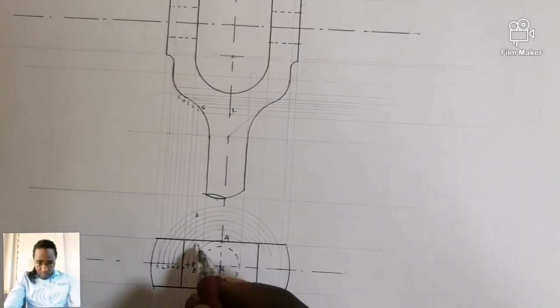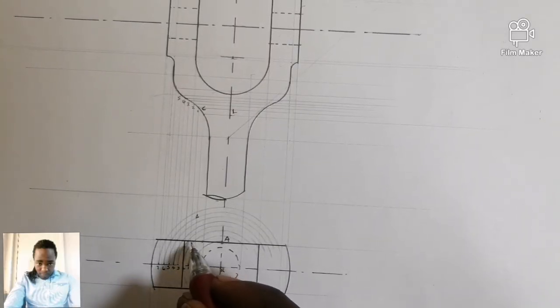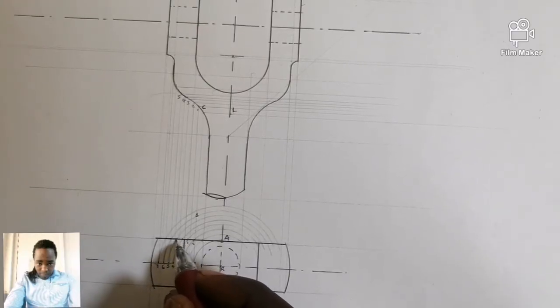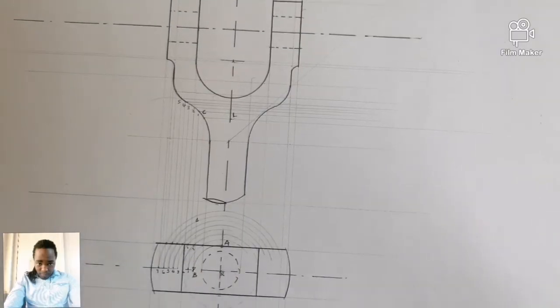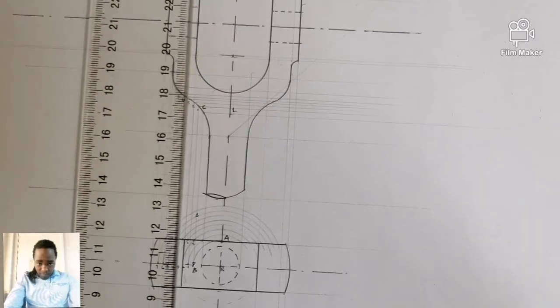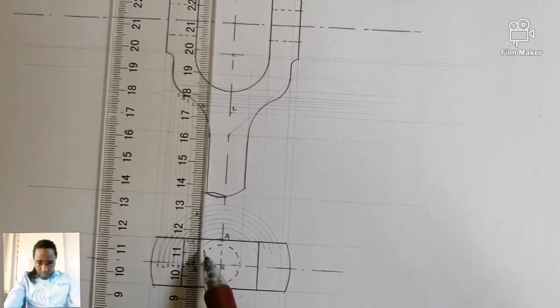So this is point 1 here, this is point 2 here, 3 here, 4, 5, 6, 7. They must go up. They must go up. Point 1 is this one.